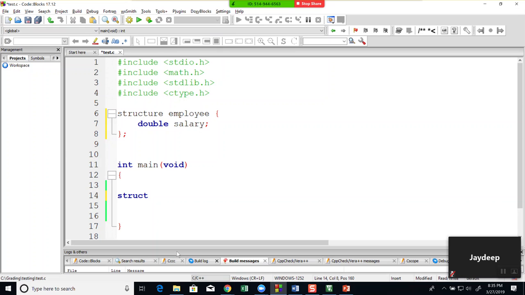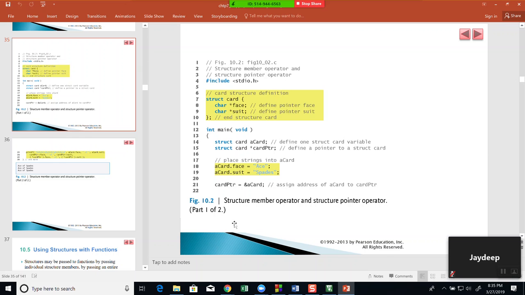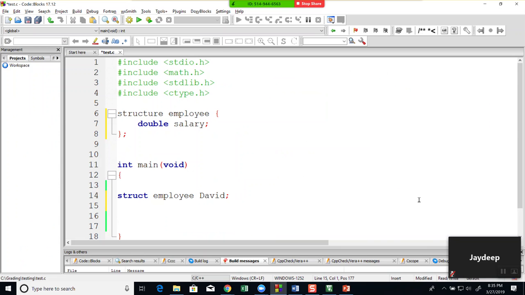So struct employee David. Now notice down here that we can refer to that name and then dot and then the variable name. So David dot salary is equal to 50,000.